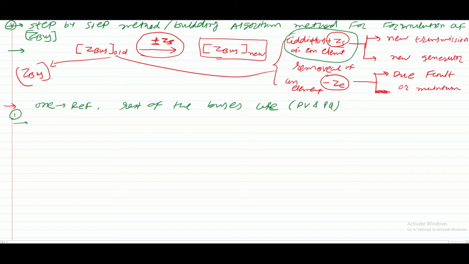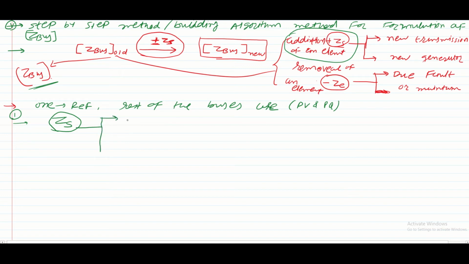Here we consider the case when a new element is added into our system, or we can say into our existing Z-bus matrix. When a new element having the self impedance of Zs is added into the system, then there are two possibilities.